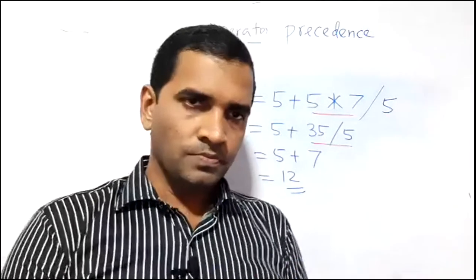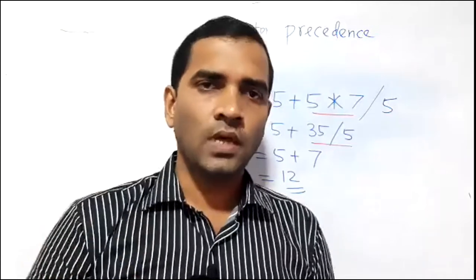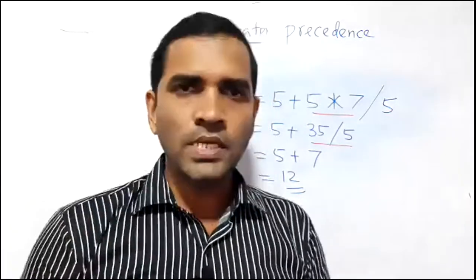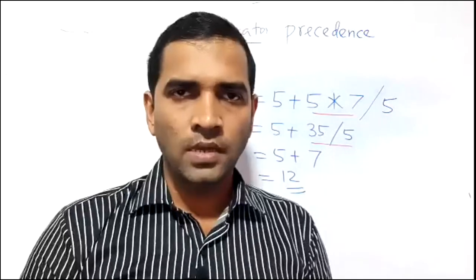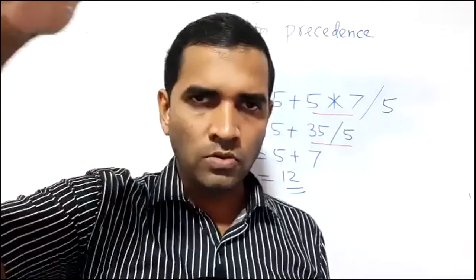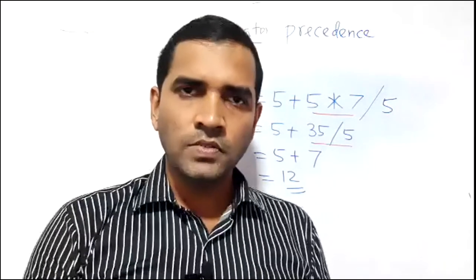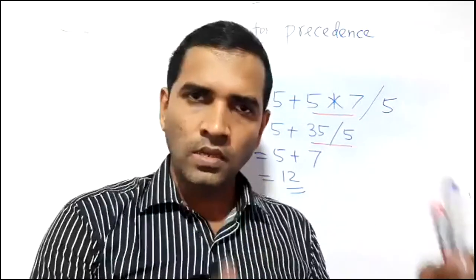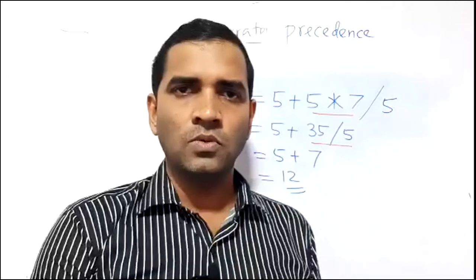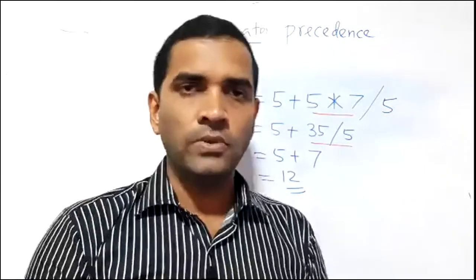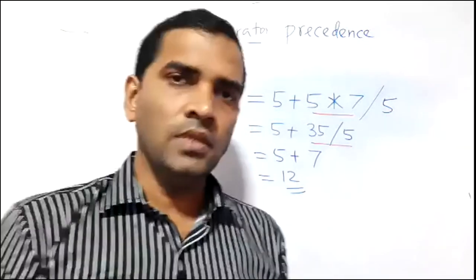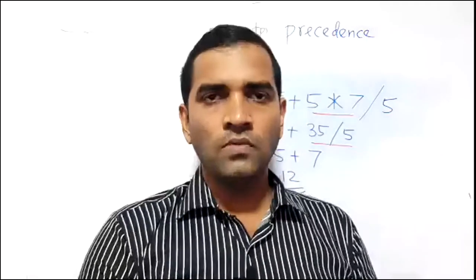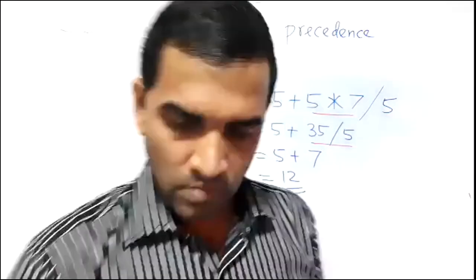So this is how operators are treated in expressions, right? So you should remember the order. At the same time, you should understand this small idea. When more than one operator have equal priority, try treating them in the order in which they are placed. Okay.